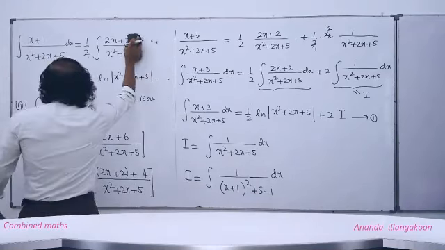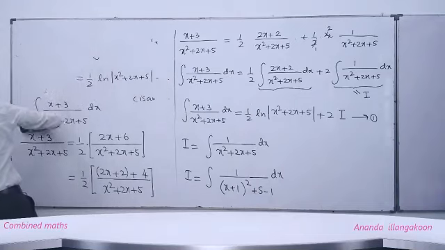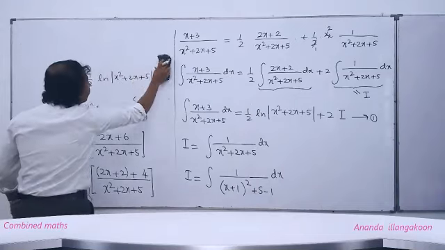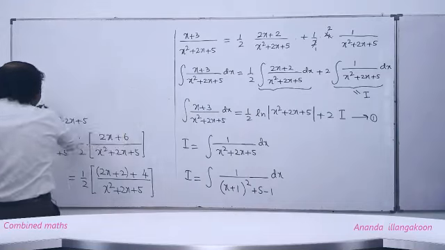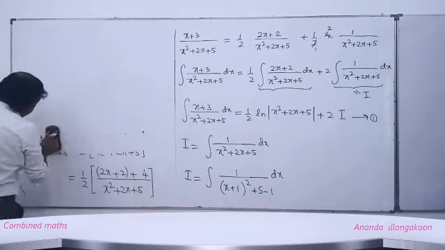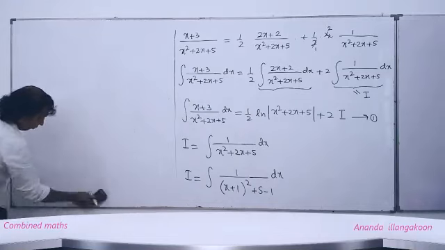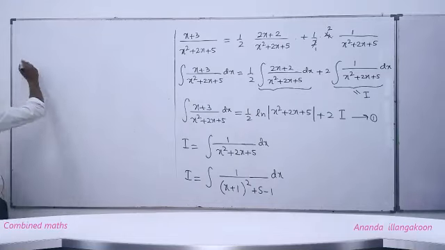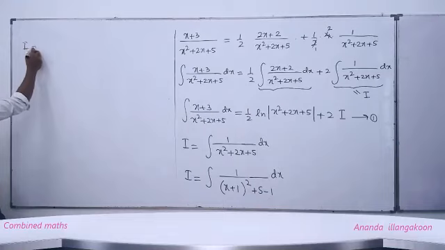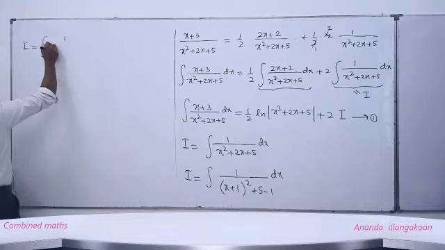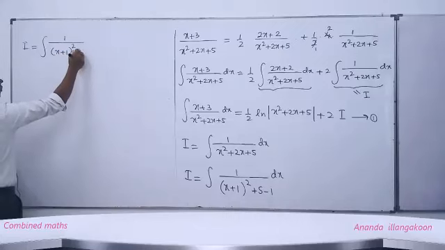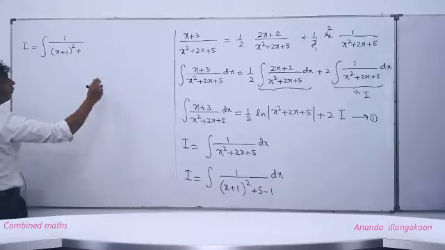Right. Now we get what, people? I is equal to (x plus 1) perfect squared plus 5 minus 1 is 4. 4 means 2 squared.